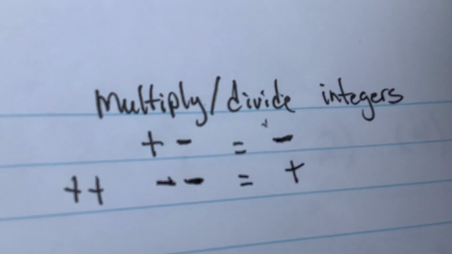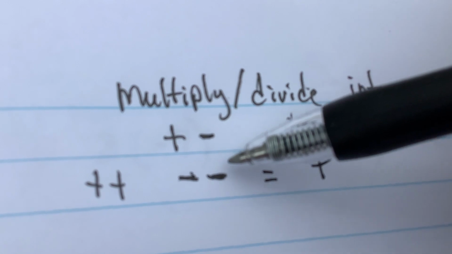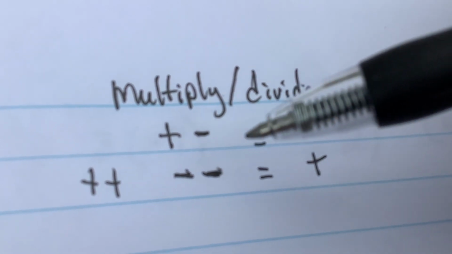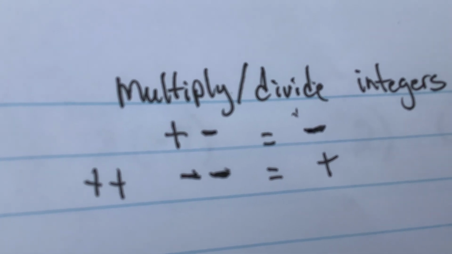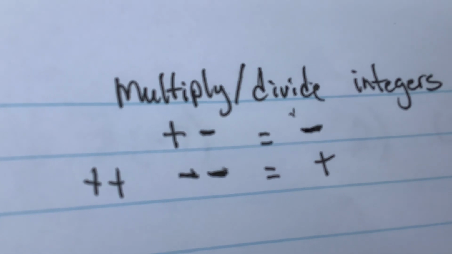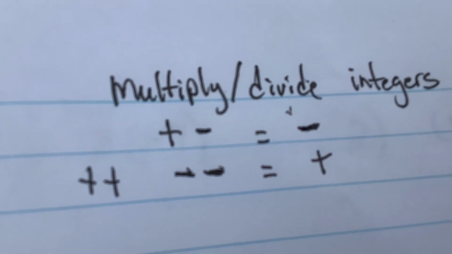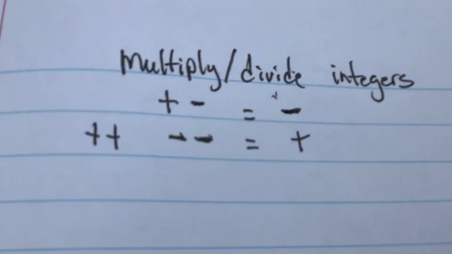It goes back to that common saying: a negative times a negative is positive. That's true, and it's the same with dividing. A negative divided by a negative is positive, but it's just identifying that it's a multiplication problem. That's where it becomes the issue.